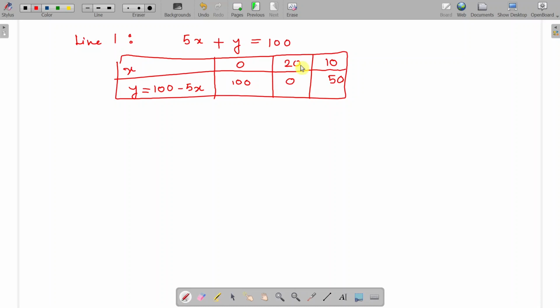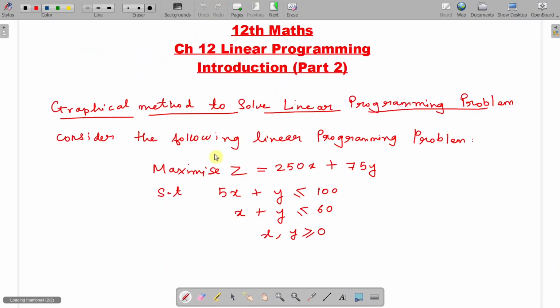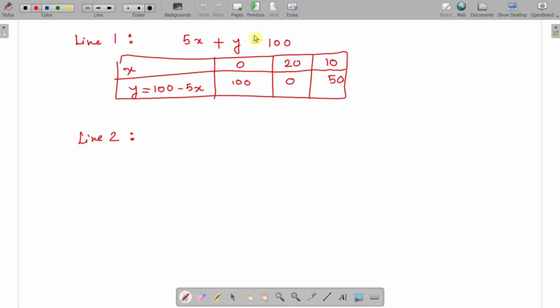Now let us consider line 2. Line 2 will be the line corresponding to the second inequality. So x plus y equal to 60 we will get, right? So y is 60 minus x, right?